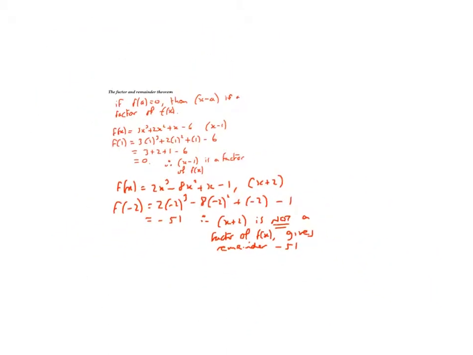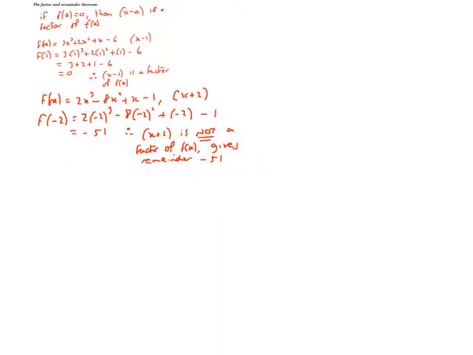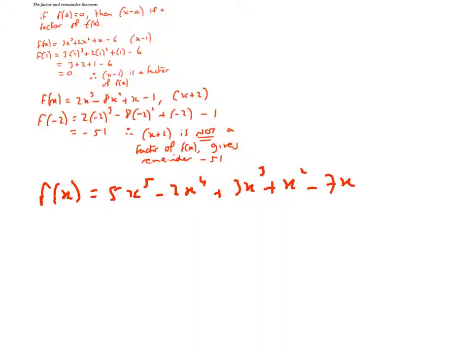Let's try a final example with the factor theorem, and I think by this point you're going to get it. Here we're going to have f of x equals a much larger order of x this time, so 5x to the 5 minus 2x to the 4 plus 3x cubed plus x squared minus 7x plus 1428. And again, the question's saying, is x plus 3 a factor, and if not, what remainder does it give?